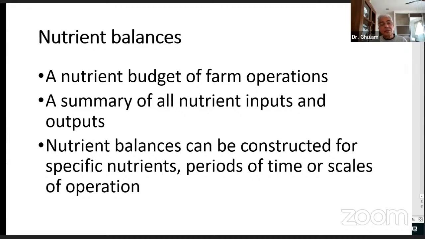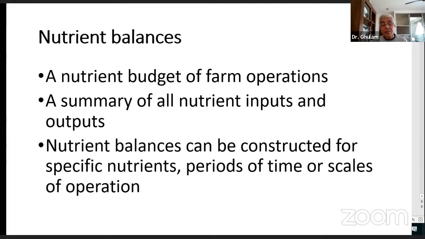They can construct a nutrient balance based on the data that is available. They can get data by measuring, or they can get data from statistics on the farm practices, on the inputs of fertilizer, and so forth and so on.